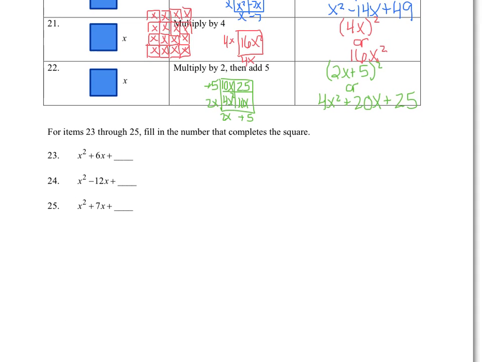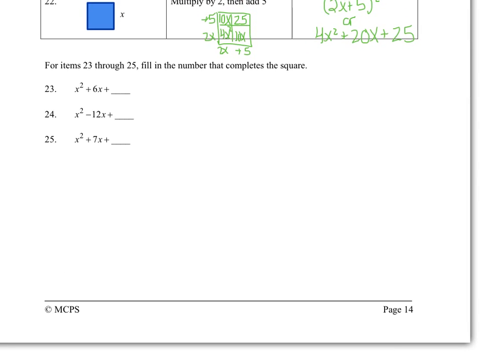For items 23 through 25, we're going to fill in the number that completes the square. So let's do 23 first. We've got an x squared, and we always know we're going to have our x squared. And we have 6 x's, which we need to divide evenly.